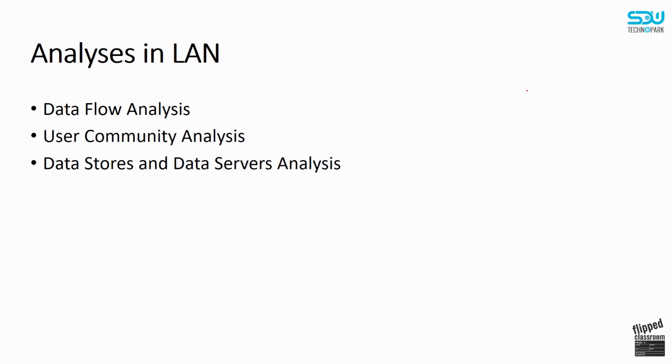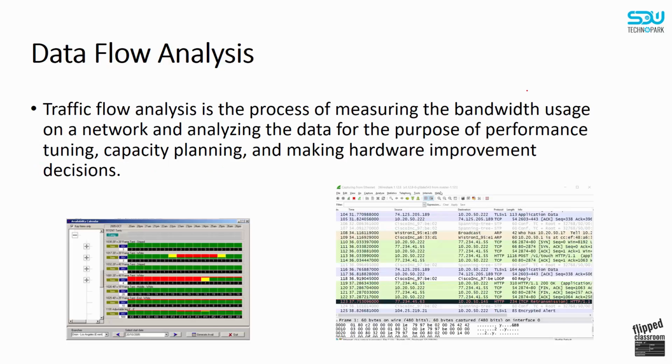And now it's time to take a look at analysis in a local area network. We have 3 main analyses. They are data flow analysis, user community analysis, and data store and data service analysis. Data flow analysis is one of the important analyses which we have in the network, which provides us the ability to measure the real speed of the network.